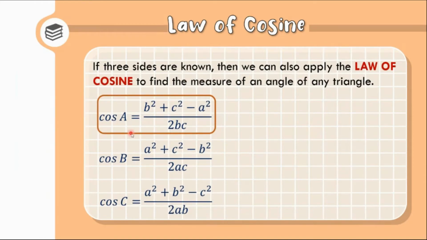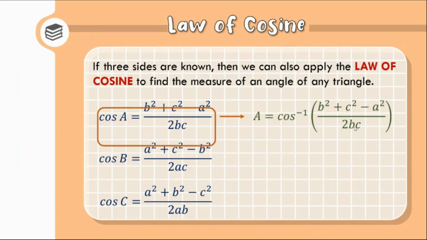So let us start first with the first one. If you were asked to find the measure of angle A, remember that we need to add the squares of the lengths of sides B and C and subtract the square of the length of side A. Then divide it by 2 times the lengths of B and C. Since we are only asked to find the measure of this angle, we can have this equation: A is equal to arc cosine of B squared plus C squared minus A squared all over 2BC.